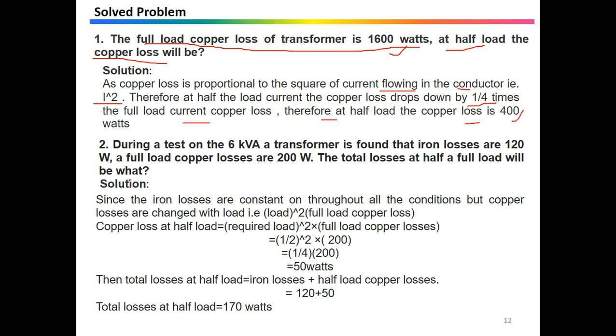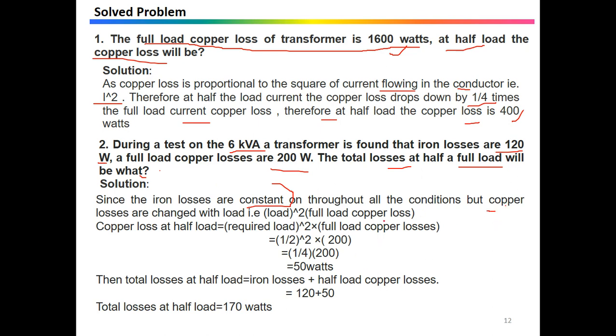In the second problem, during a test on a 6 kVA transformer, it is found that iron losses are 120 watt and full load copper losses are 200 watt. What will be the total losses at half of full load? As we have just read, the iron losses are constant, so there will be no change in the iron losses. However, there will be a change in the copper losses.